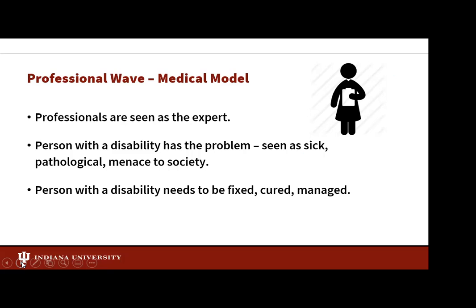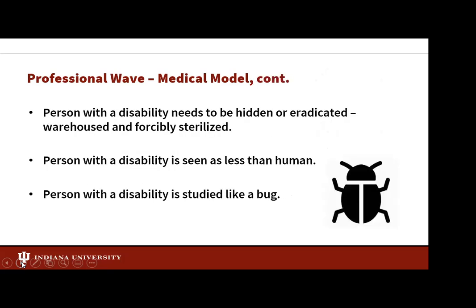You know, in this time period, the 1800s through World War II, and still today, but fortunately not at the levels of the past, people with disabilities of all types, including people who have neurodivergent identities, were institutionalized in deplorable conditions, and they were forcibly sterilized in many cases because the person with a disability was seen as less than human, and people did not want to even acknowledge that they existed.